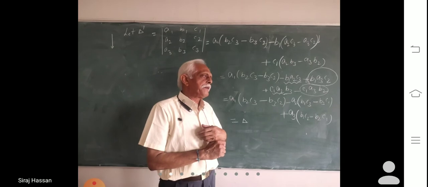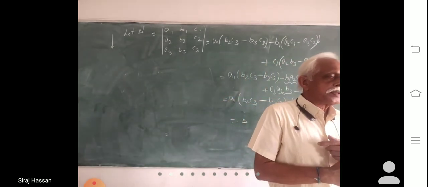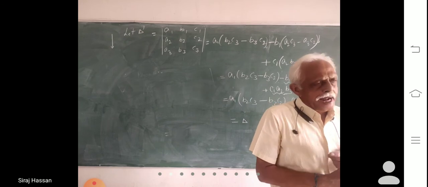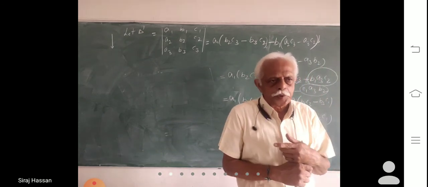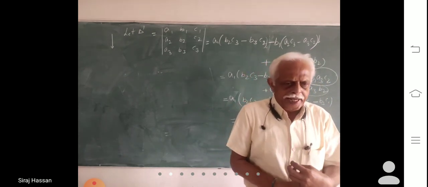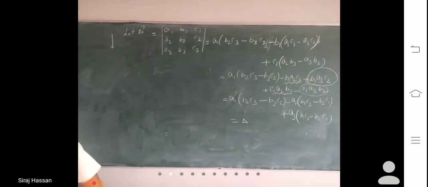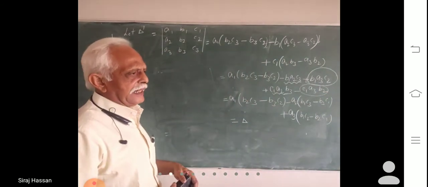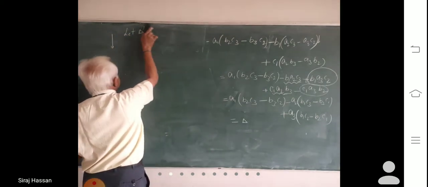If two rows or columns are interchanged, the sign of the determinant changes.